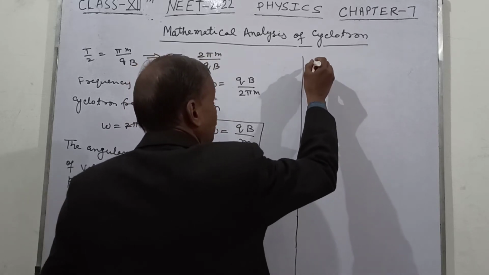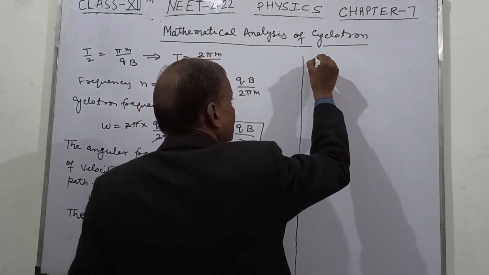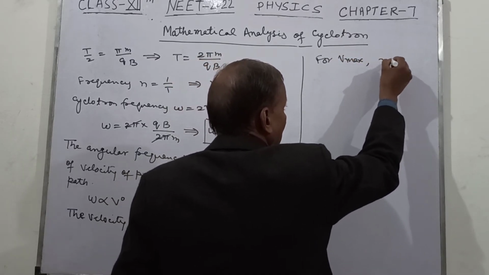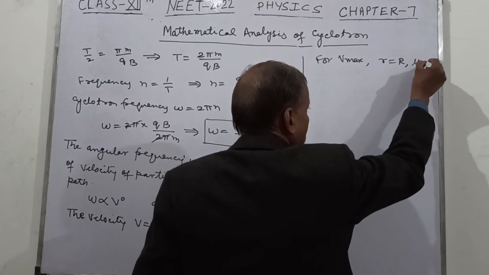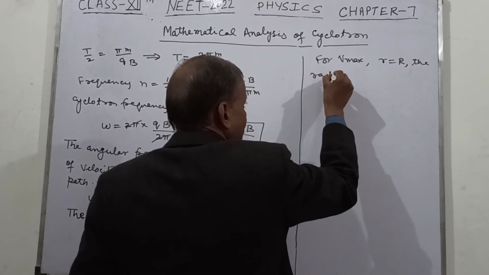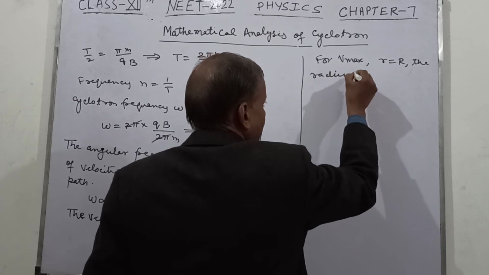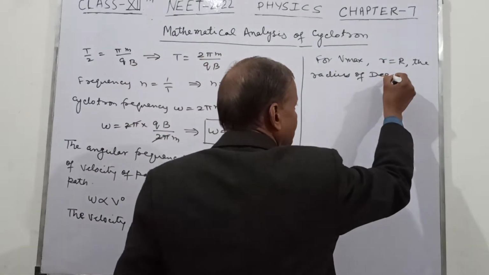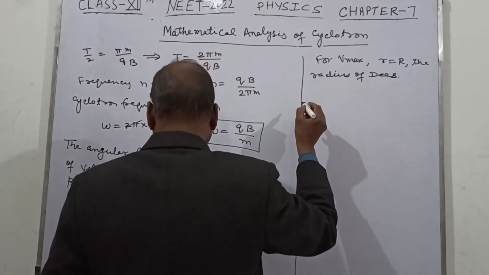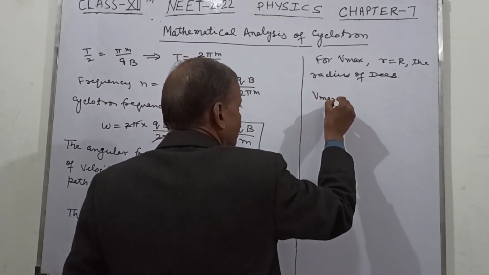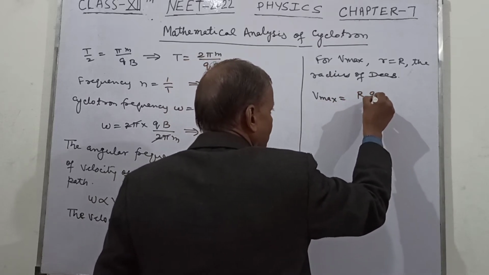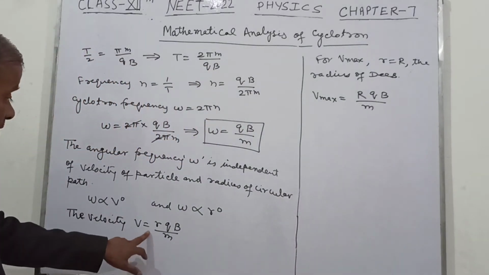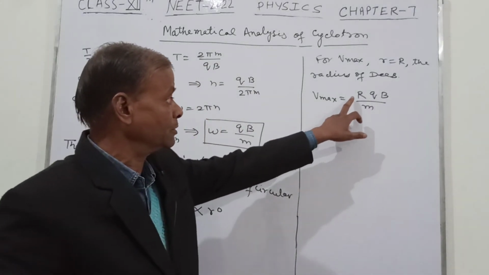So for maximum velocity, r equal to capital R, the radius of D's. Then v maximum equal to R q B upon m. Now in this factor, small r will be equal to capital R.